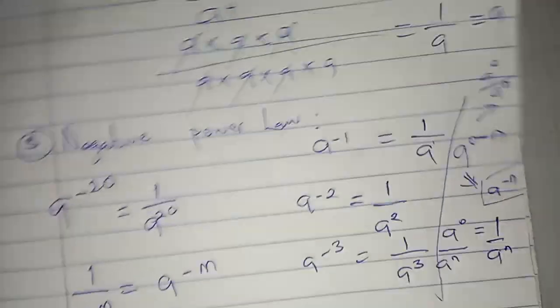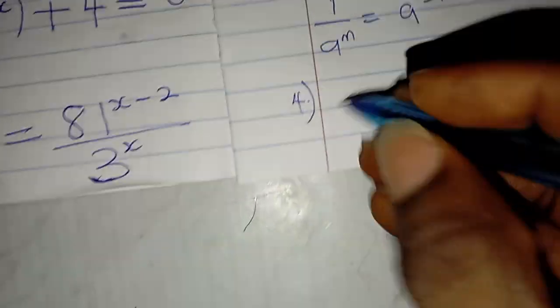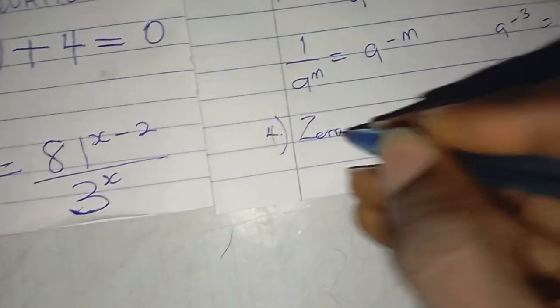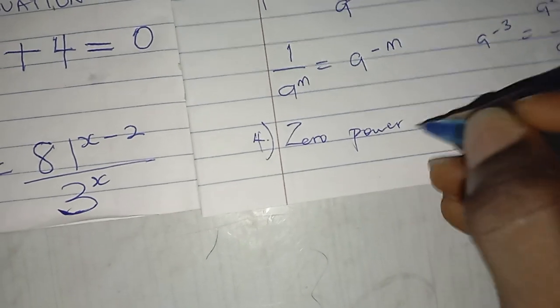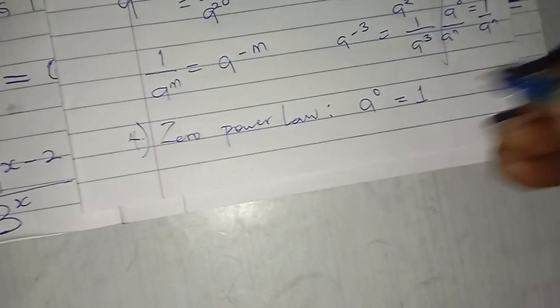So let's move to the fourth law, which we call the zero power law. The zero power law simply states that any variable or number raised to power 0 is equals to 1.